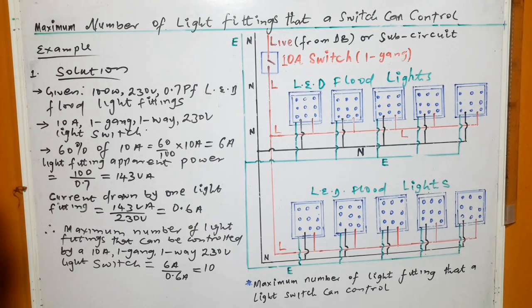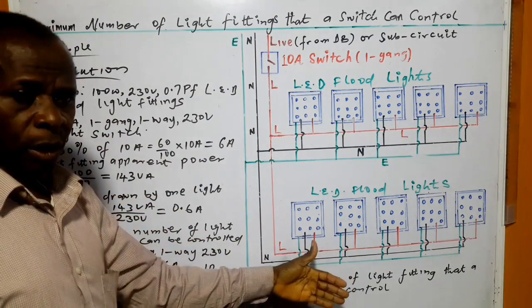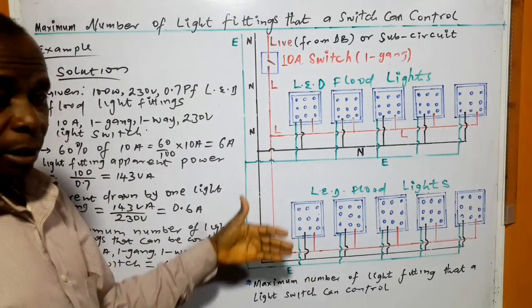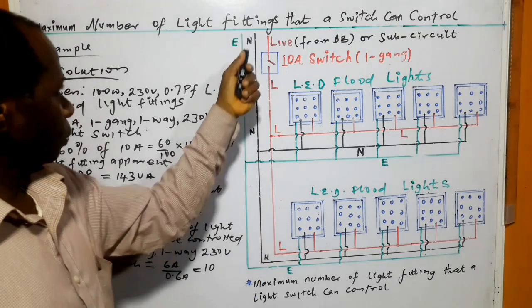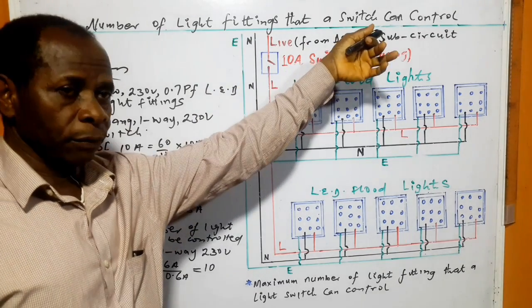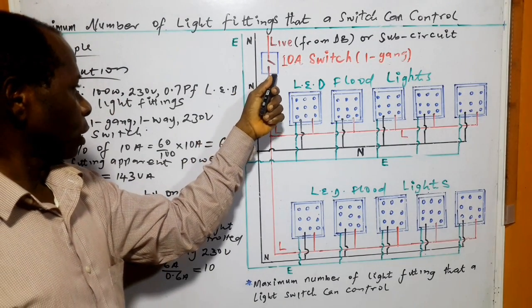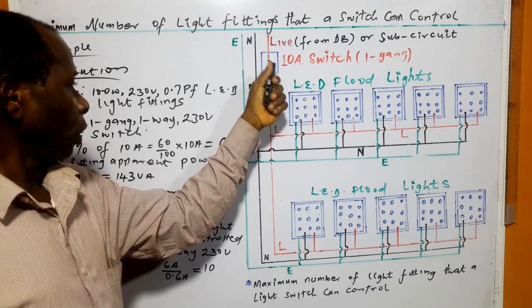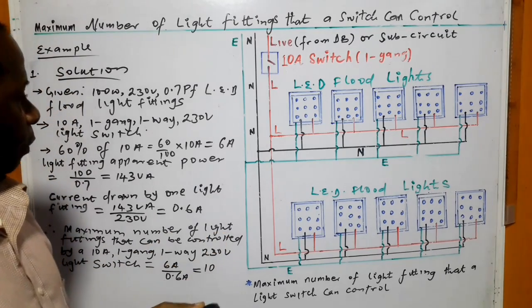So now, this is a possible schematic diagram for the wiring. So we have the supply from the distribution board or from the sub-circuit. The switch is inserted on the live conductor or the live cable of the wiring. All right.